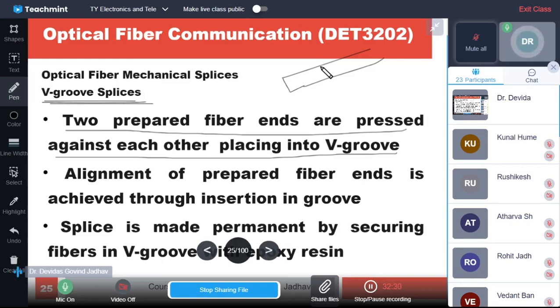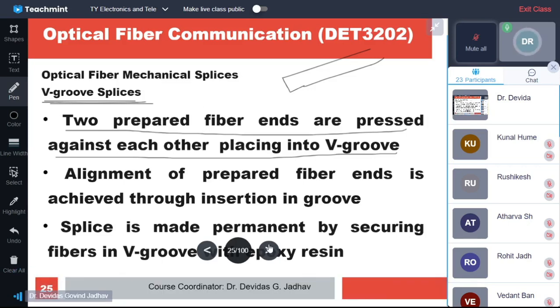The epoxy resin also gives the bonding in holding the fiber, and it is also useful in index matching. So what is the role of index matching? Index matching allows continuity in the medium, because that resin also has a refractive index very similar to the core refractive index.